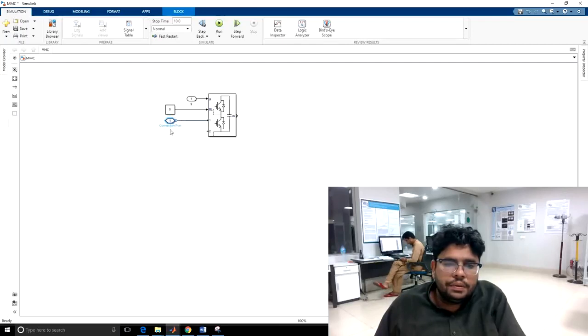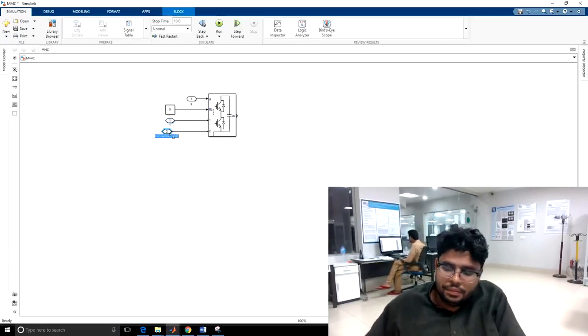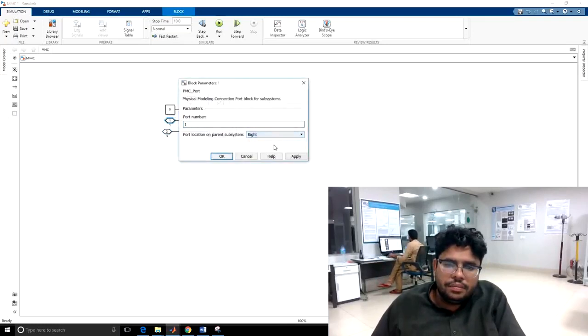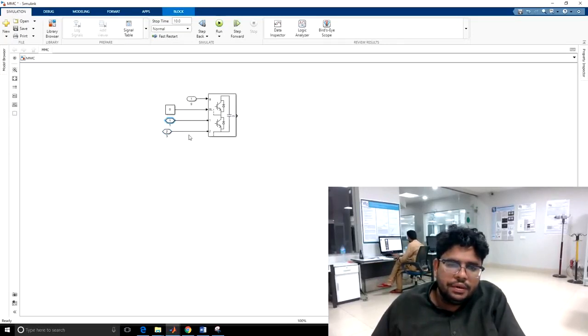Alright. Let's name it 1 and let's name it 3 and let's shift it to the right side.